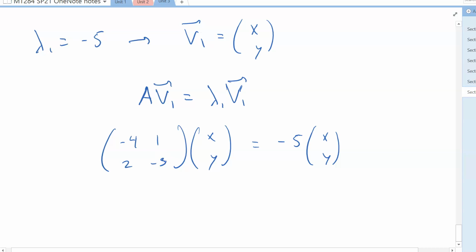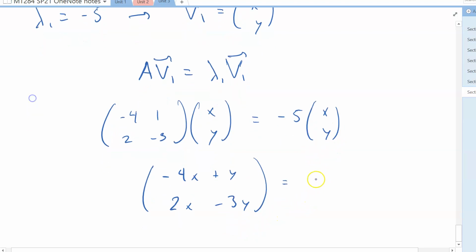Now we need to express that out and do the matrix multiplication on the left-hand side. Remember, it's the first row times this column, which gives our first row in the product, and then the second row times that column vector. So we get negative 4x plus 4y, and 2x minus 3y on the left side.